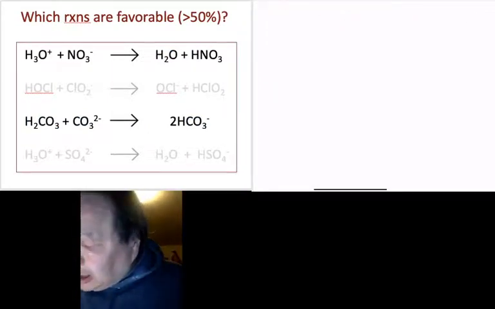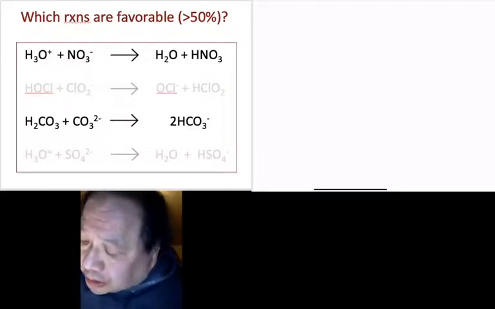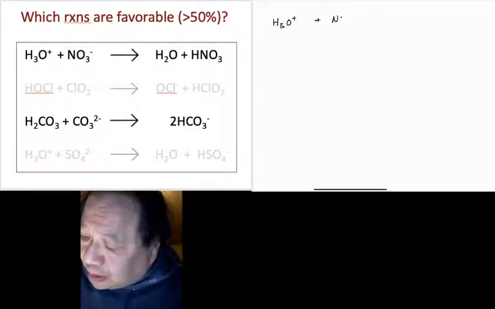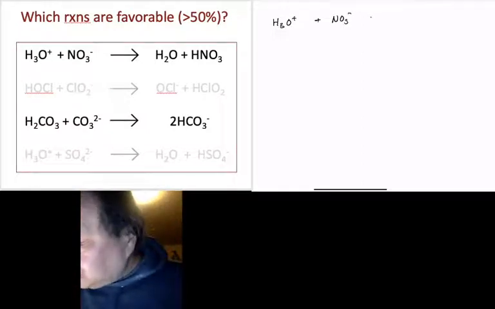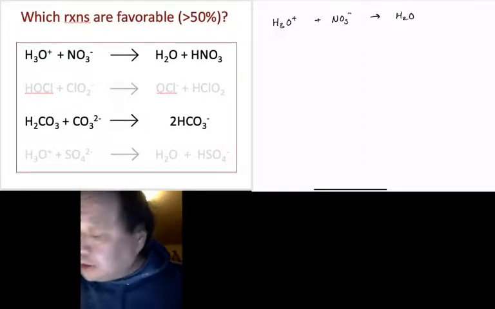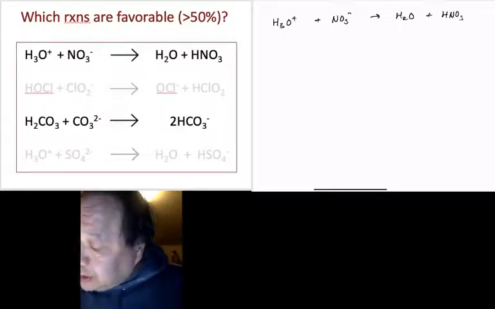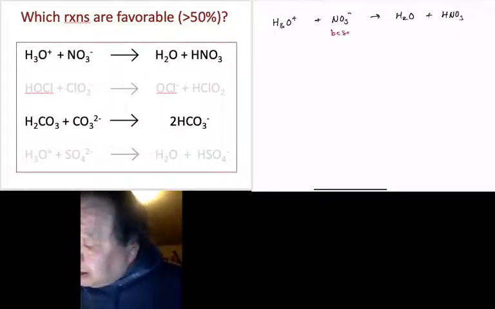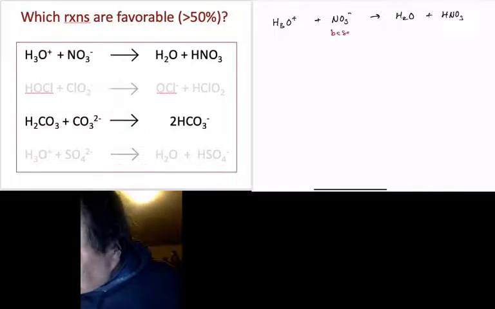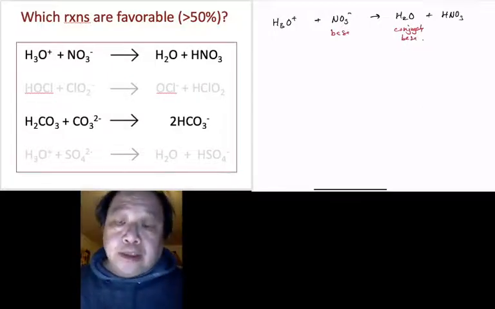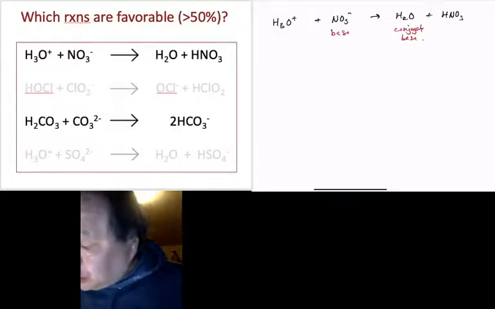Is this reaction favorable? H3O plus plus NO3 minus going to H2O plus HNO3. And we're going to do this by looking at the base. Here's the base, and here's the conjugate base. And NO3 minus is the conjugate base of a strong acid.